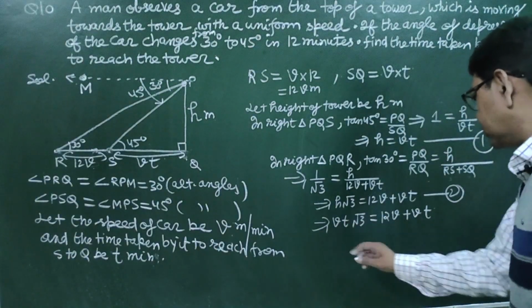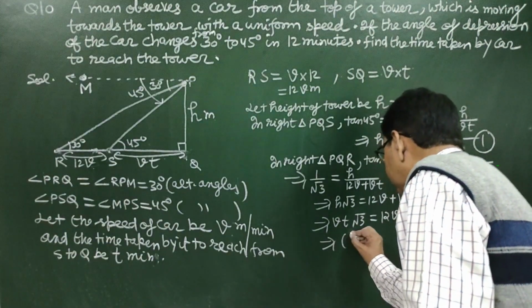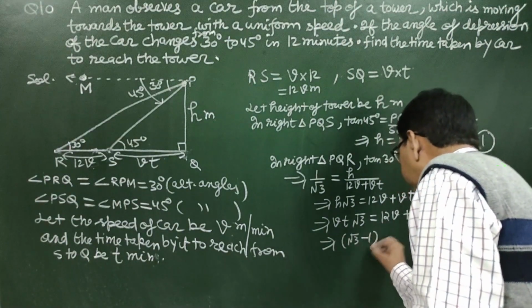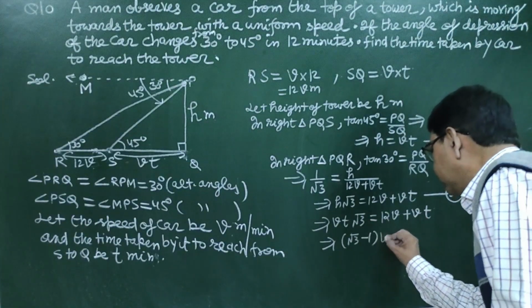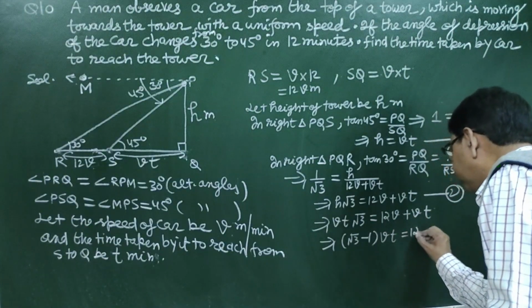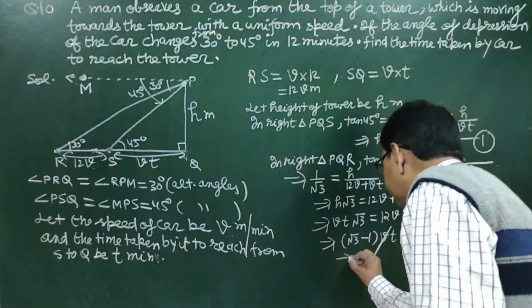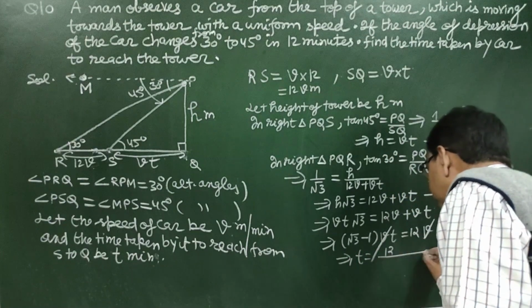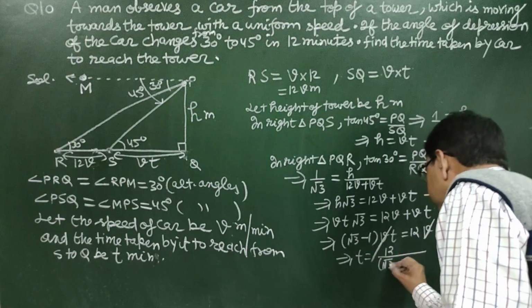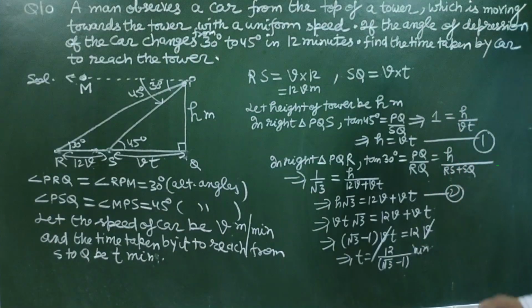Transposing it to the other side, we get VT into root 3 minus 1, because VT will be negative and we can take VT as common, equal to 12V. This V and V get cancelled. We get the value of T is equal to 12 upon root 3 minus 1 minutes.